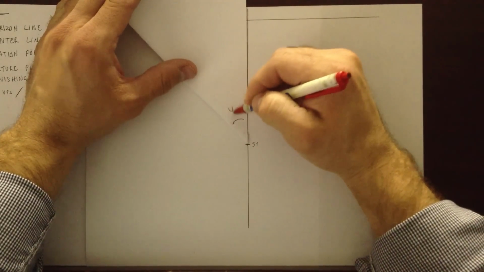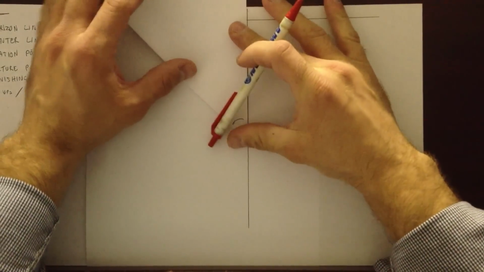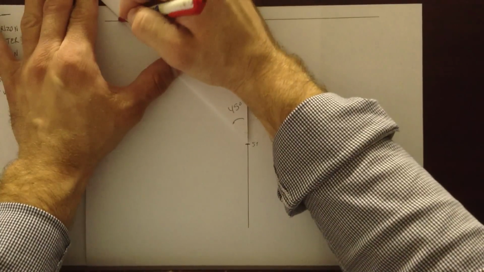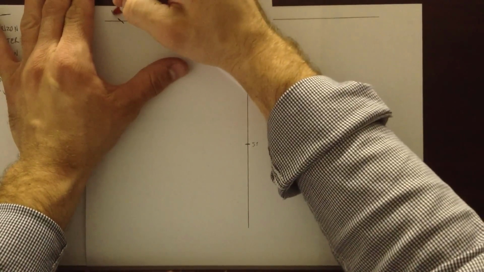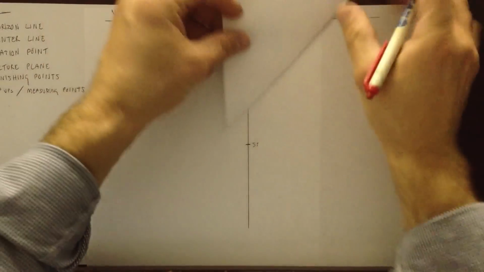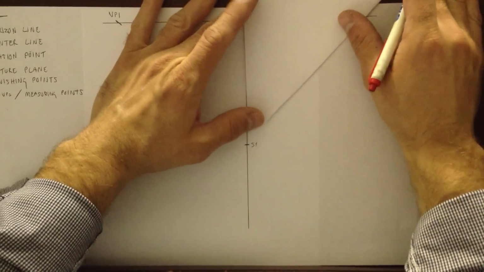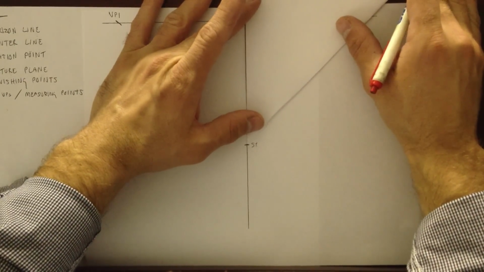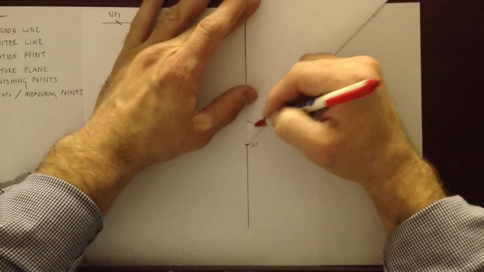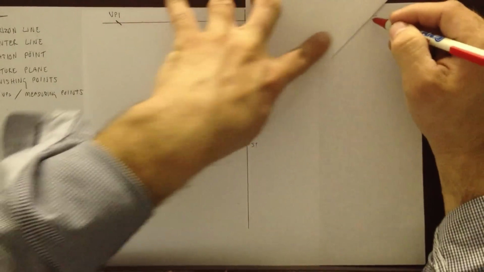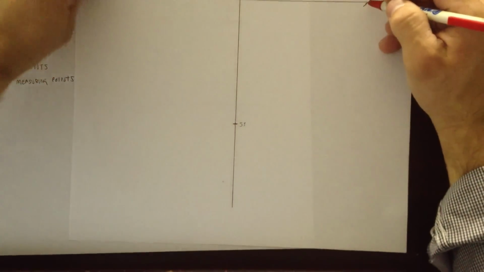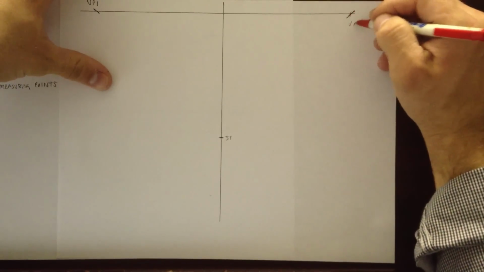Okay, so remember this is 45 degrees. So this will give you your vanishing point number 1. Do the same thing this way. Okay, bring that corner right there to the station point. Again, that's 45 degrees. So that gives you your vanishing point number 2 right here.